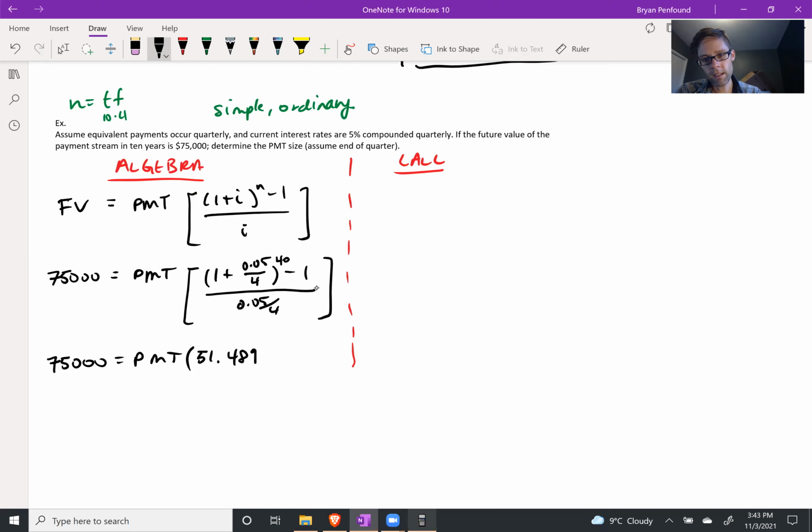Yeah, nice. So that's what I get as well, Fiona. Nicely done. And then dividing these two numbers should give us the equal payment size.